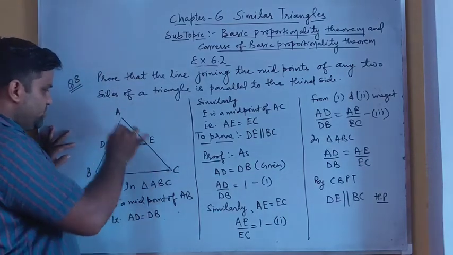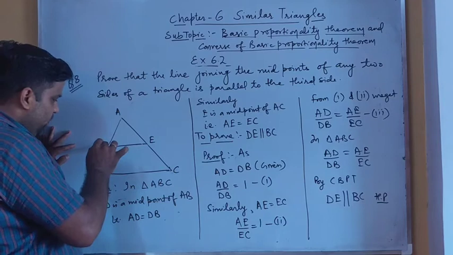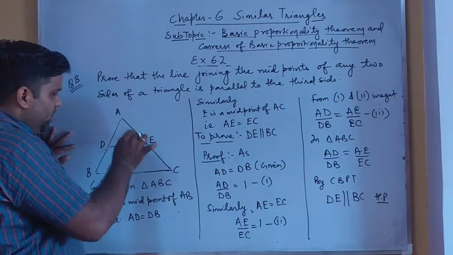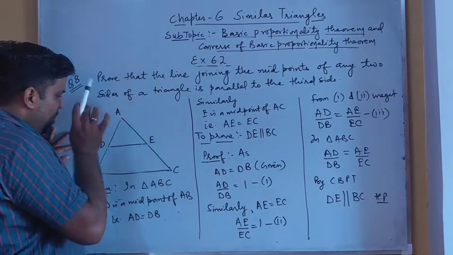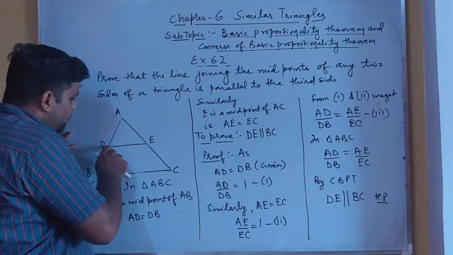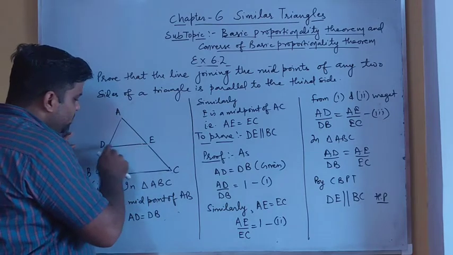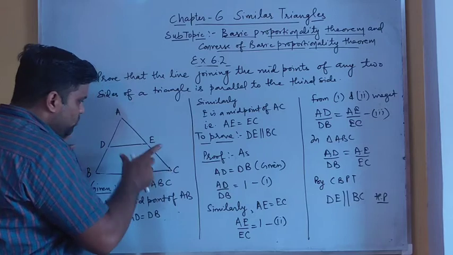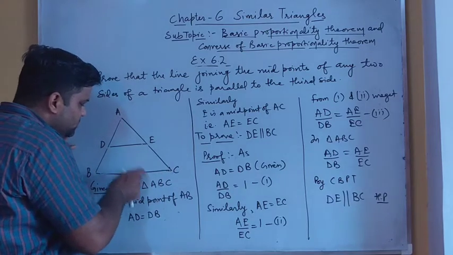Here this is the triangle ABC, we draw a triangle ABC. Here we consider D is the midpoint of AB. Similarly E is the midpoint of AC. Here we have to prove that on joining DE we get a line DE. This DE line will be parallel to BC. In the question we have to prove DE is parallel to BC.